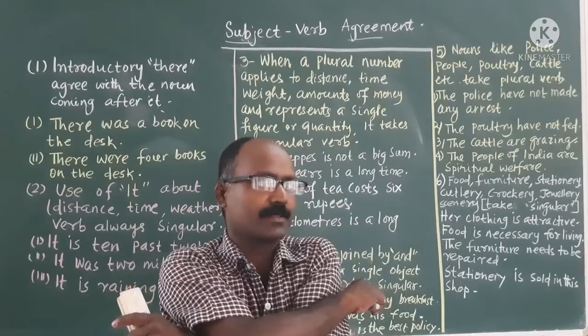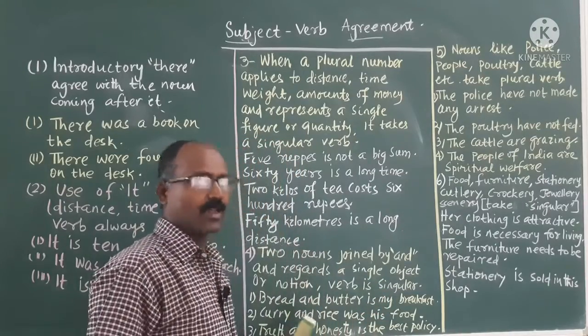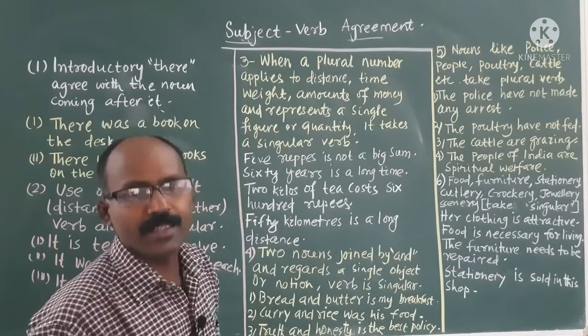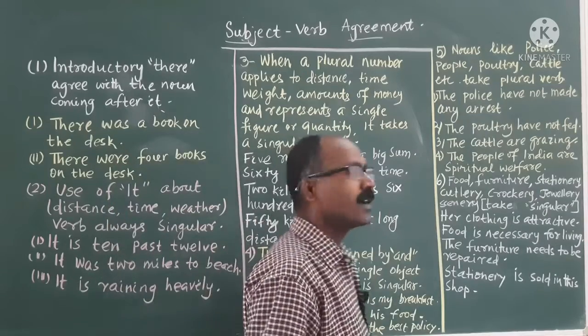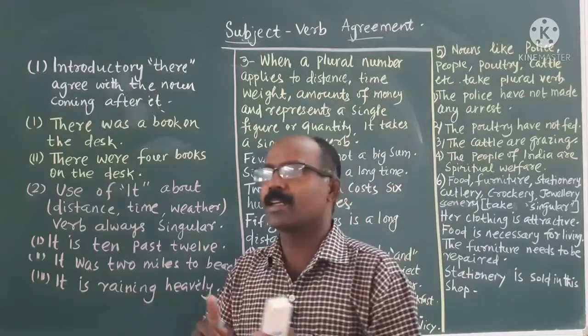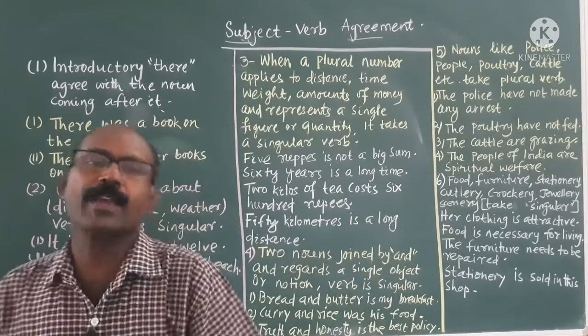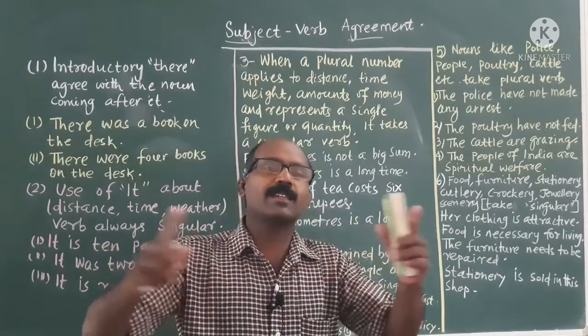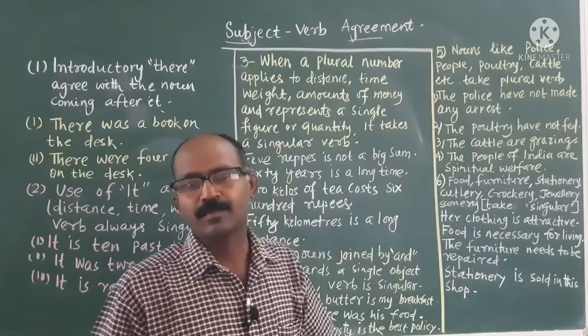So like that, in our English language, in every sentence, a subject is there and a verb is there. If the subject agrees with the verb, or the verb agrees with the subject, then that sentence will be right.